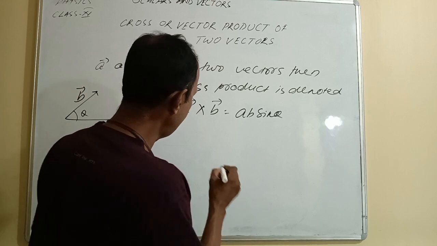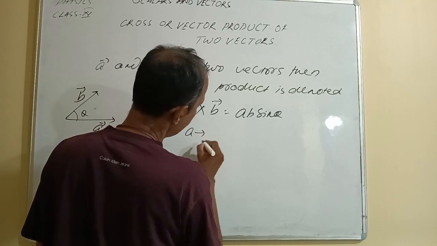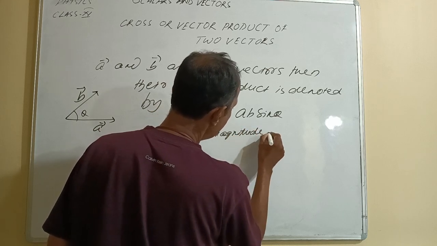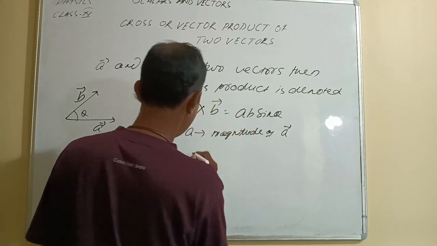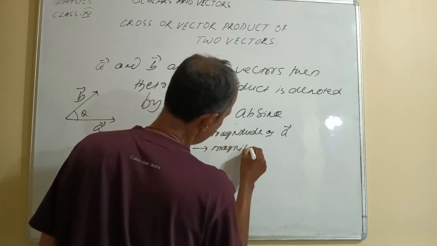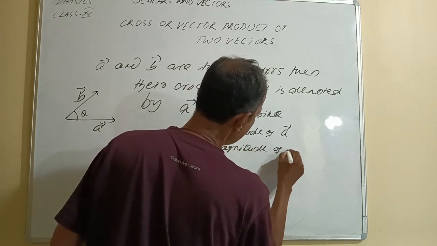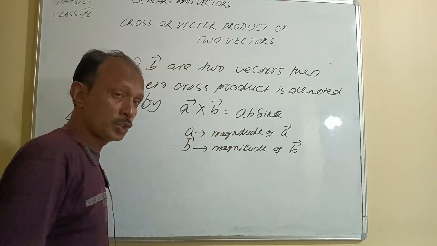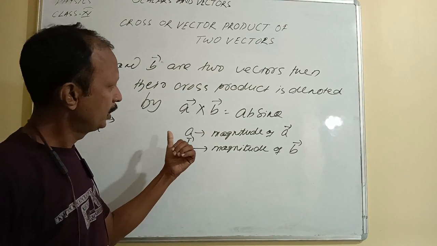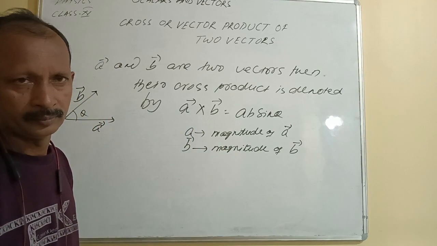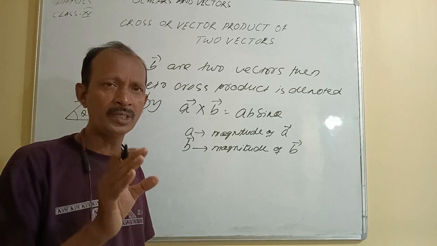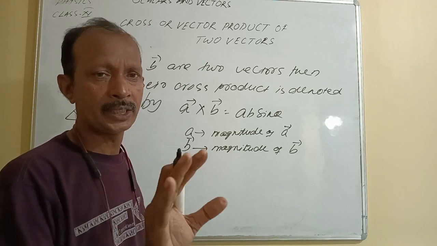What is A? What is B? Here A stands for the magnitude of vector A and B stands for the magnitude of B. So, the vector product or cross product of two vectors gives a resultant physical quantity which is also a vector.